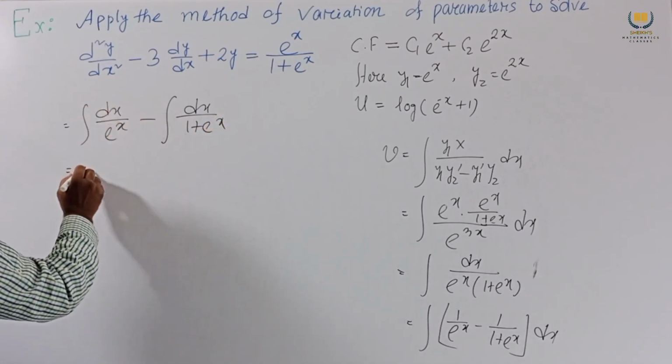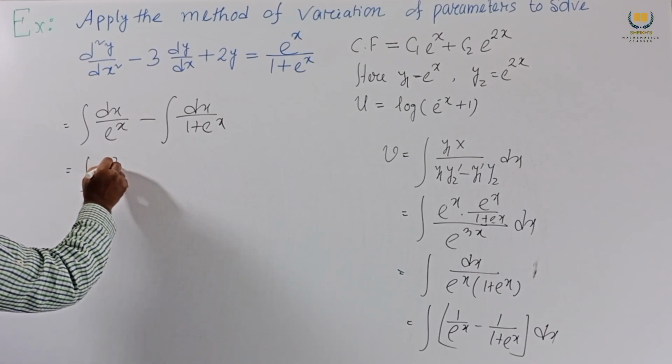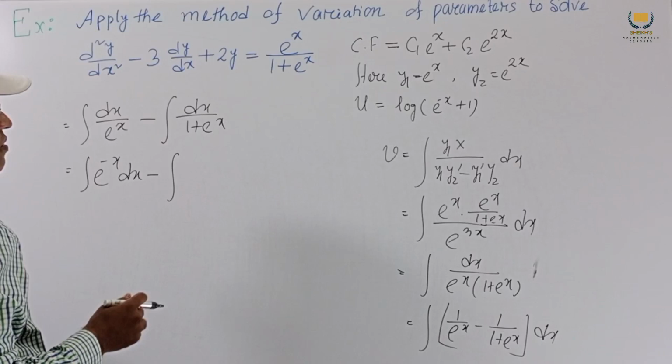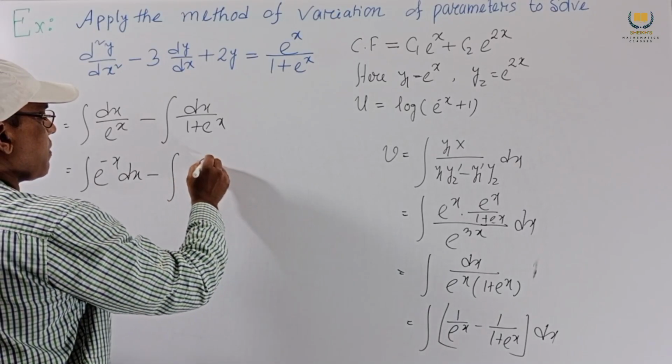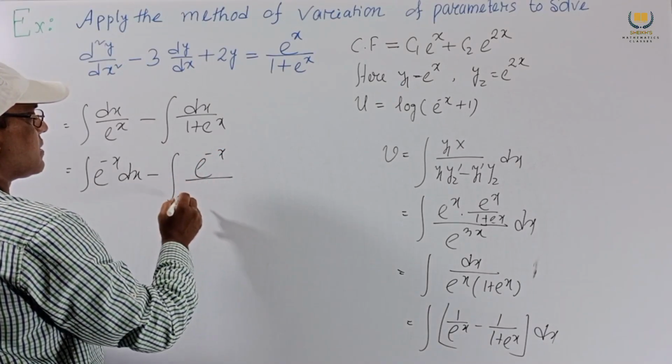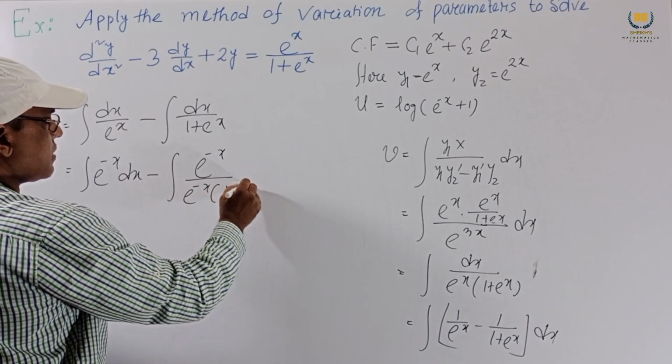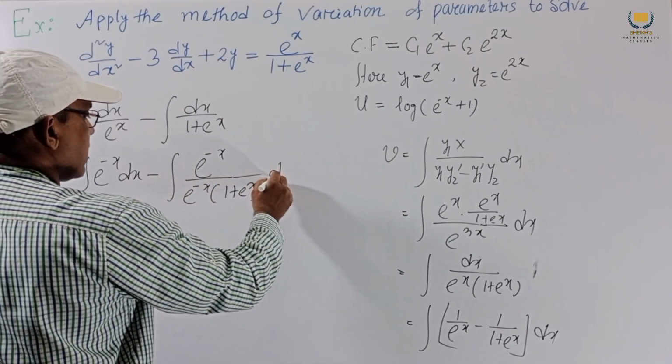And this e to the power x, taking in the numerator, e to the power minus x dx, by multiplying numerator and denominator by e to the power minus x. This is e to the power minus x by 1 plus e to the power x dx.